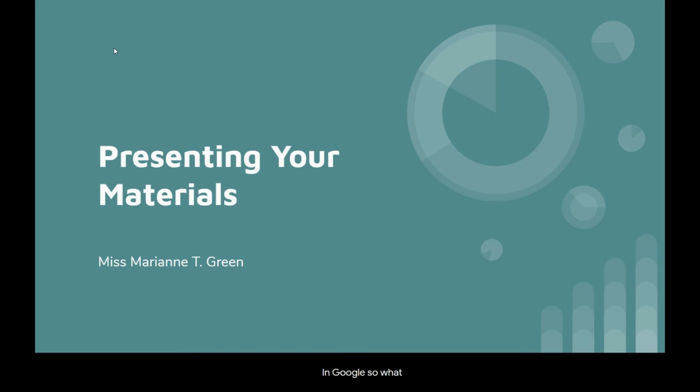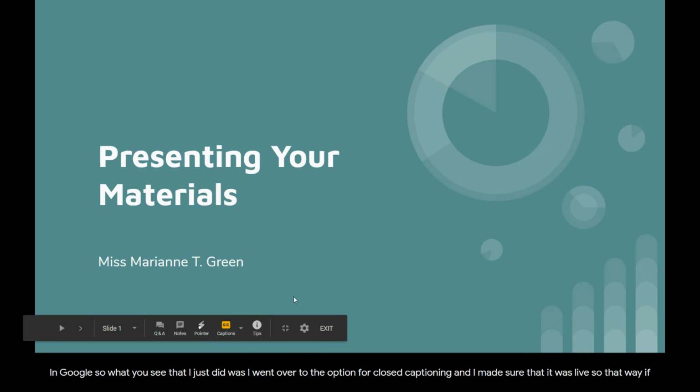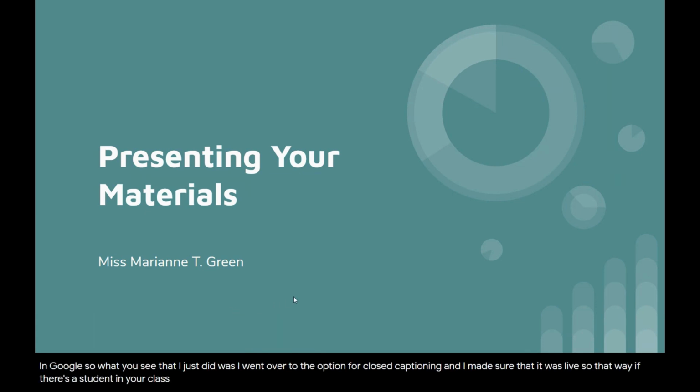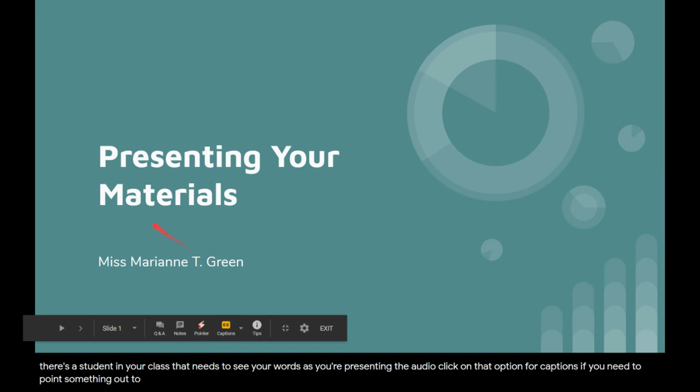So what you see that I just did was I went over to the option for closed captioning, and I made sure that it was live. So that way, if there's a student in your class that needs to see your words as you're presenting the audio, click on that option for captions. If you need to point something out to somebody, use the pointing tool here.